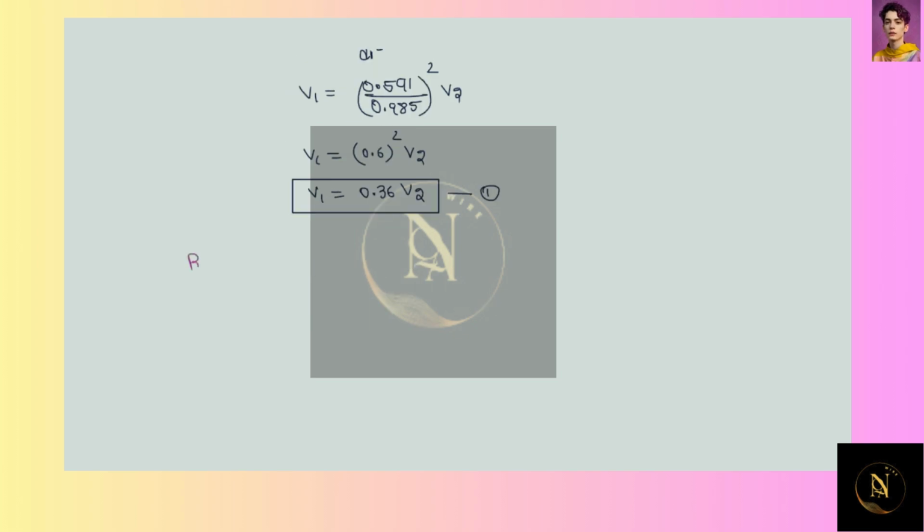We know Bernoulli's theorem. The sum of pressure, potential energy per unit volume, and kinetic energy per unit volume is constant. Here in this case, the two sections are at the same height level, so potential energy can be neglected. Pressure plus kinetic energy per unit volume is constant.